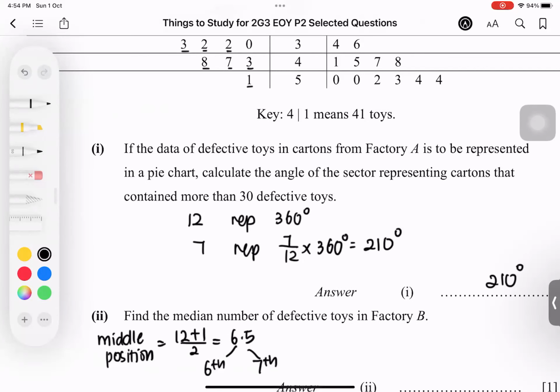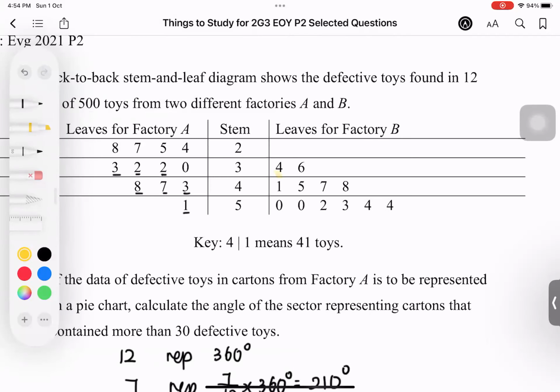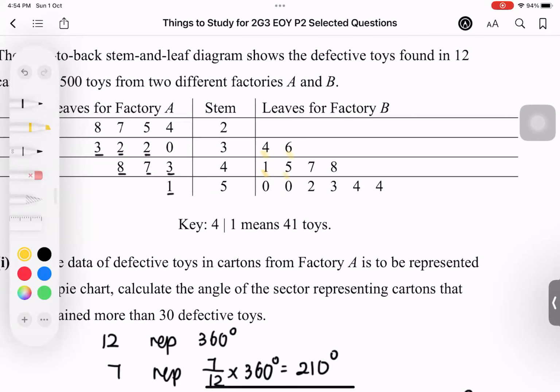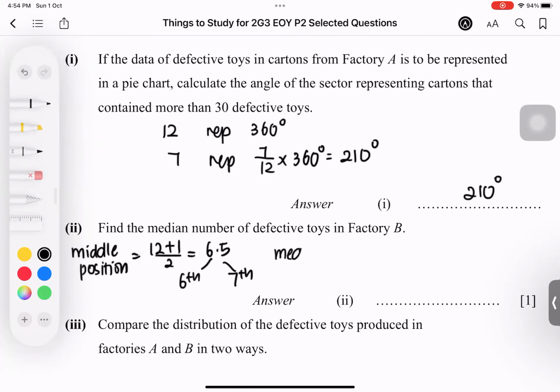Count from the stem out. So 1, 2, 3, 4, they want the 5th? No, 6 and 7. 1, 2, 3, 4, 5, 6, and the 7. So the 6th and 7th cartons are 48 and 50. So the median equals 48 plus 50 divided by 2, to give you 49 defective toys.